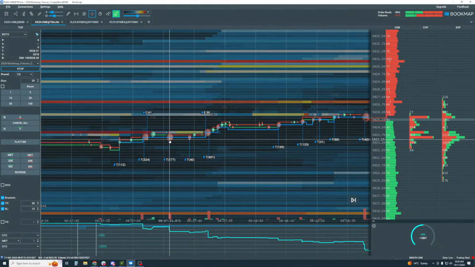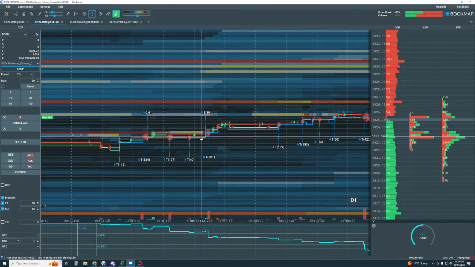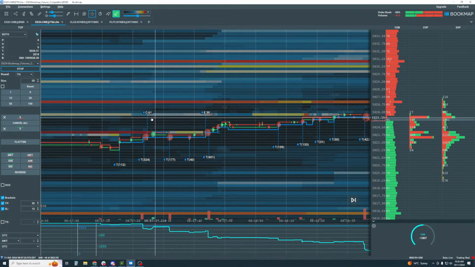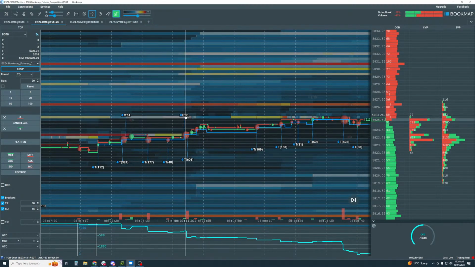So there's sellers in here. They're hitting the bid, but it's hitting right into this iceberg that is absorbing as much as it can. There's a few other icebergs here on the other side as well, as you can see on the offer, but they're going to get run over. This larger player in here is moving. See the blue line? It is moving its way up here. It's getting filled, it's still following, it's getting even more aggressive.